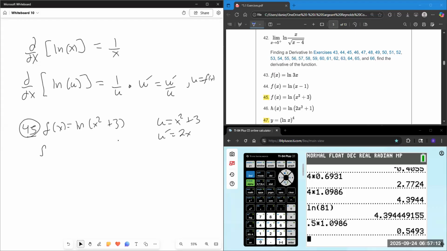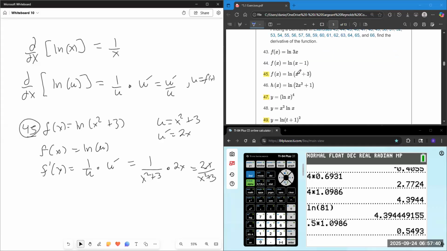So we start with f of x equals ln of u, and f prime of x is 1 over u times u prime. So that's 2x over x squared plus 3.